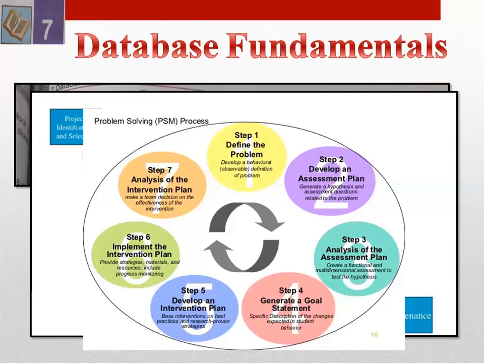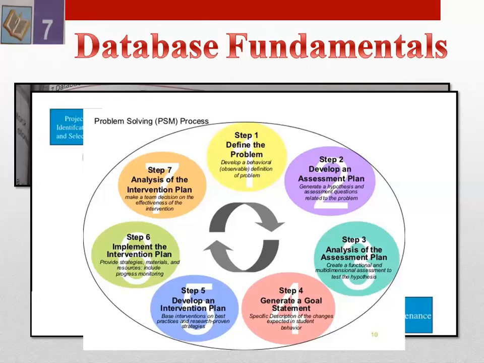Then generate a goal statement, a specific description of the changes expected in the student and the student behavior. Develop an intervention plan, base interventions on best practice and research-proven strategies.